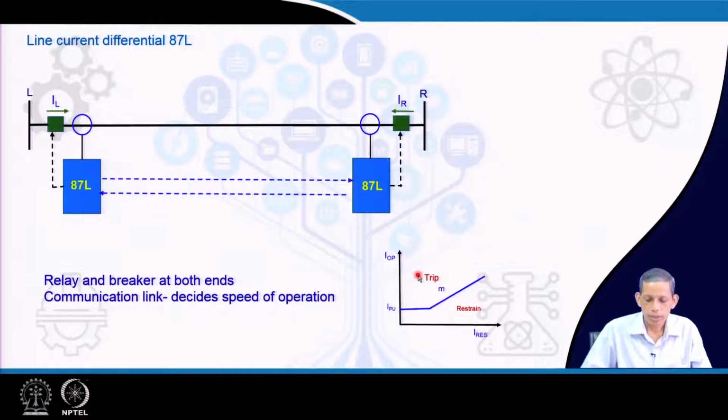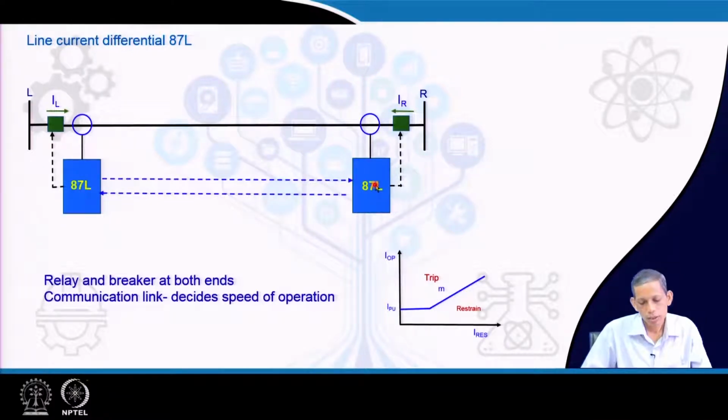Furthermore, the trip decision is made by the percentage differential relay, which we have already discussed for line protection, also using the current information. The communication link is the backbone that decides the speed of operation of the relay.